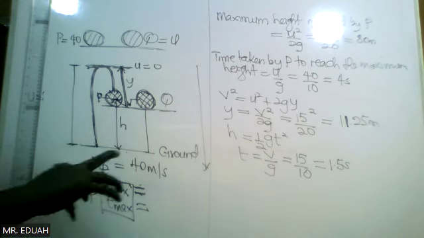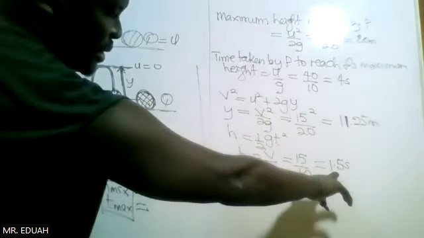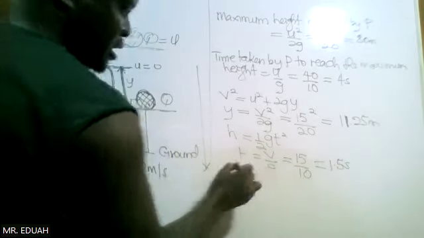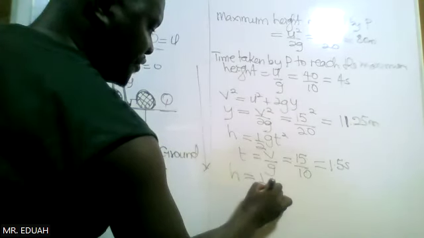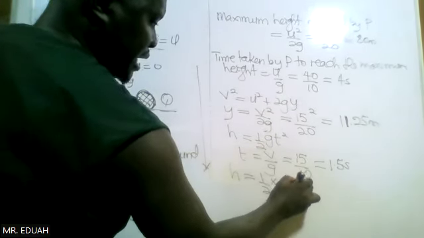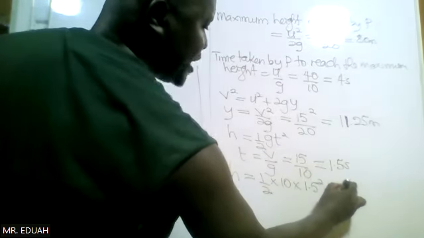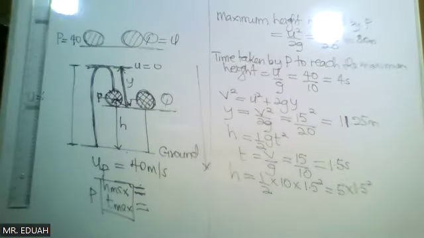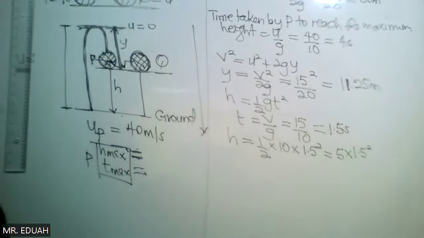So P has traveled this time from the maximum height when it crosses Q. Substituting, we have half times 10 times 1.5 squared, which is 5 times 1.5 squared, the same value, 11.25.